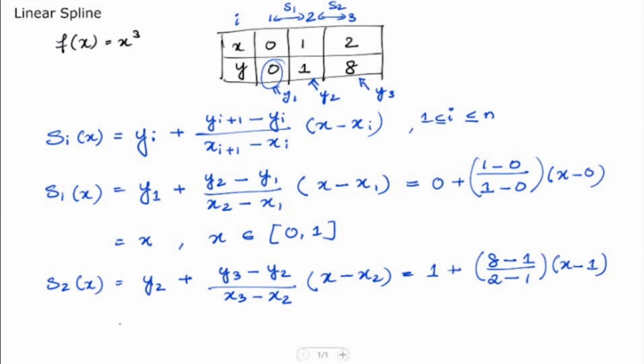Now if you solve that, what you get here is 1 plus 7 times (x minus 1). And you could open that bracket, so it will be 1 plus 7x minus 7.